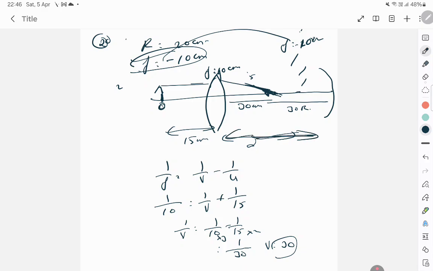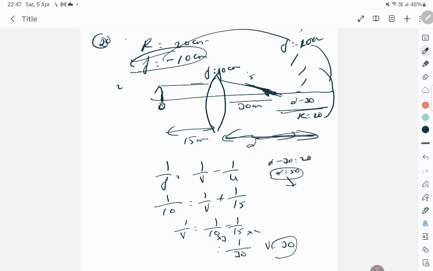So can I say that this is D minus 30, and suppose this is the radius of curvature, which happens to be 20, double of the focal length. D minus 30 is equal to 20. D will be 50. So then can I say that D itself is 50. I hope they've given the answer.